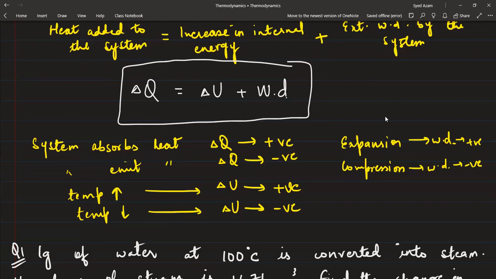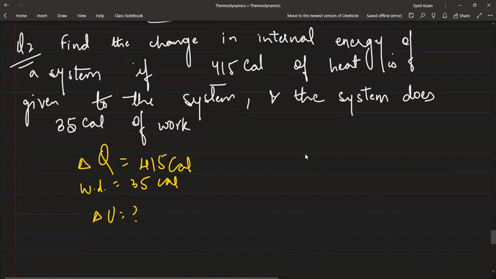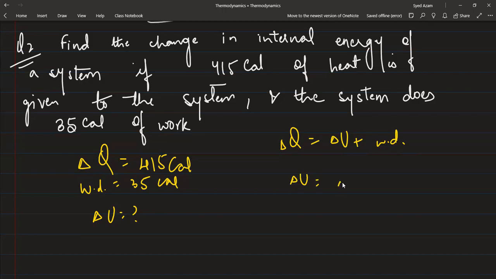And the system is doing work, so that will also be positive. When you apply delta Q = delta U + work done, delta U can be written as delta Q minus work done. So this is 415 minus 35. Write it, then see the processes.